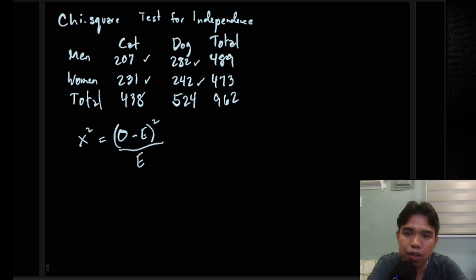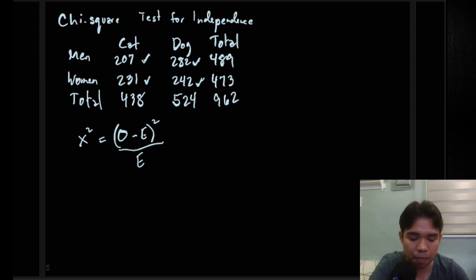First, how do you compute the expected value? There are 4 important cells here, and each of these 4 will have an expected value. The expected value is the ideal distribution, meaning an equal proportion for each of these cells.